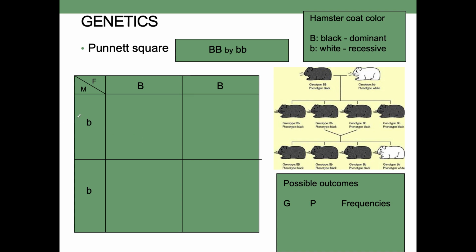Okay, hopefully you know that each of the possible offspring combinations is heterozygous, big B, little b, and so on. What is the phenotype for each of these genotypes? Take a second and think about that. What's the coat color for each of those genotypes? Yeah, it's the black coat color.